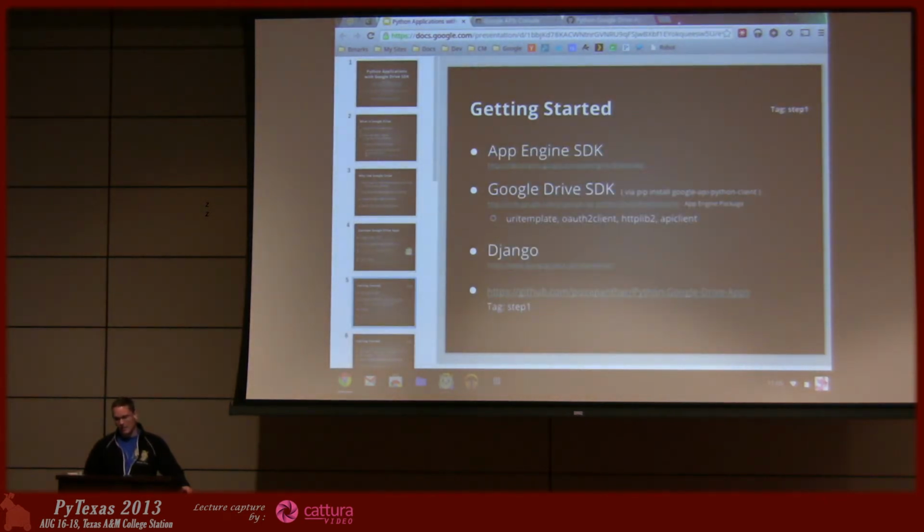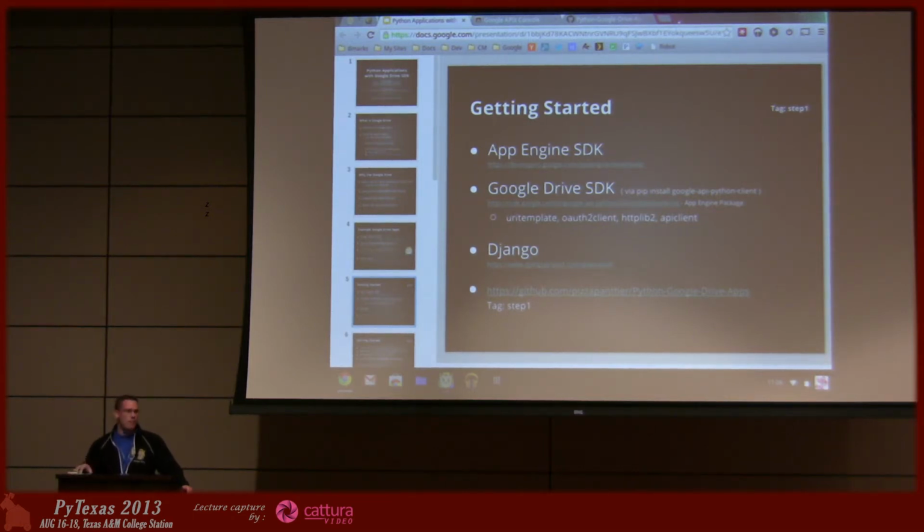All right, so let's get started into some of the code here. So like I said, I'm going to focus more on web apps. So this example app that I have is a web app. First thing, a couple things you need to get started. This app that I wrote will run on App Engine, so you're going to need the App Engine SDK.